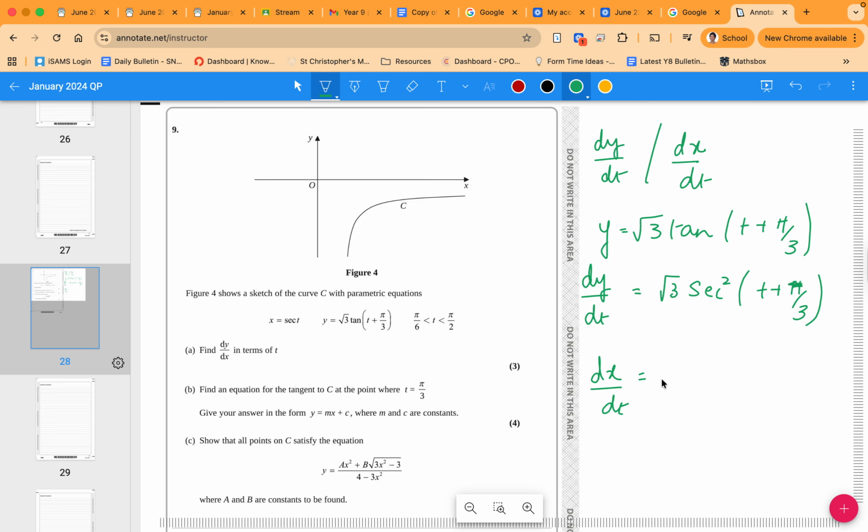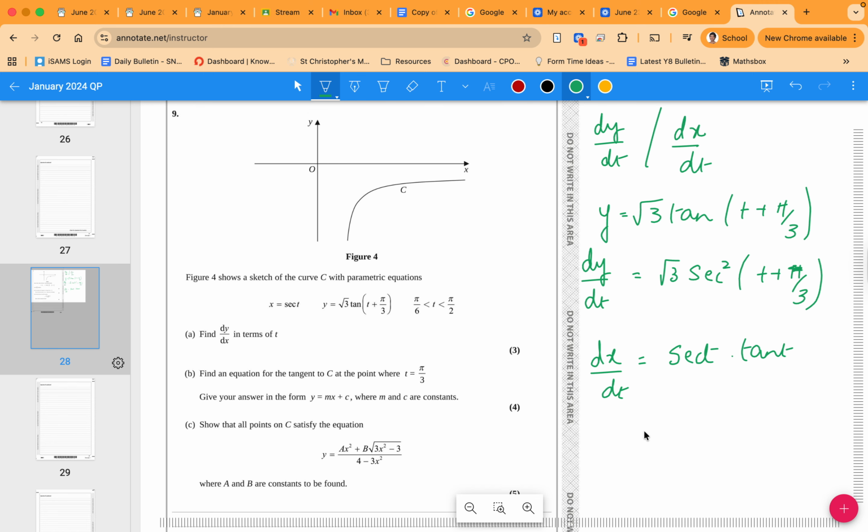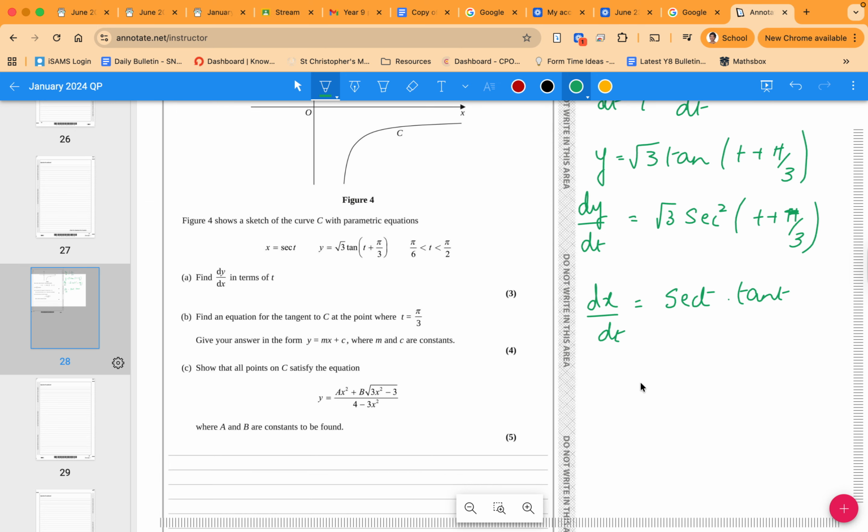Now the differential of sec is sec x tan x, so sec t tan t. If we divide it, you are going to get root 3 sec square t plus pi by 3 over sec t tan t.